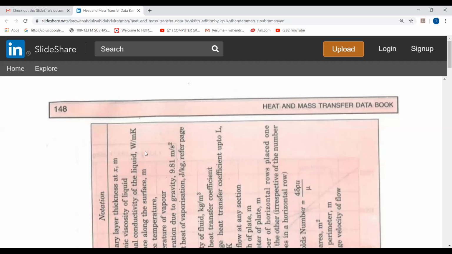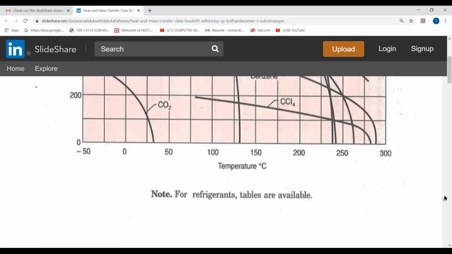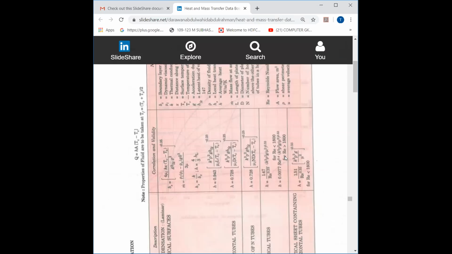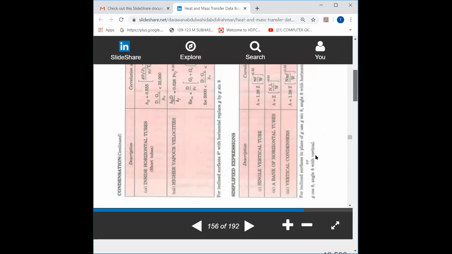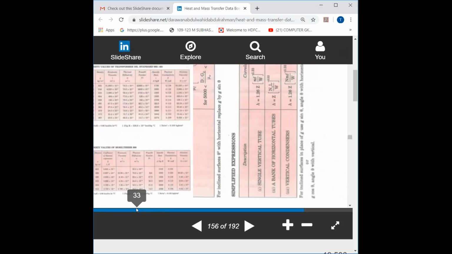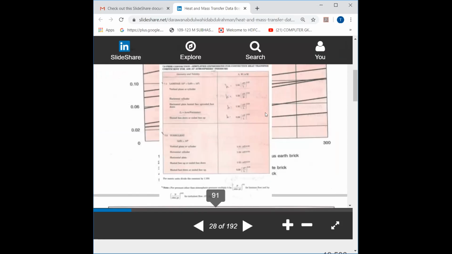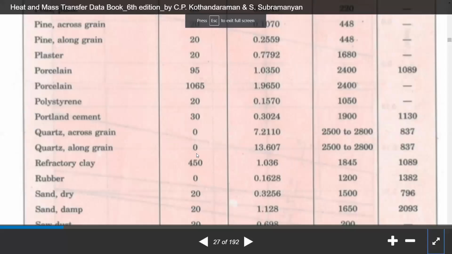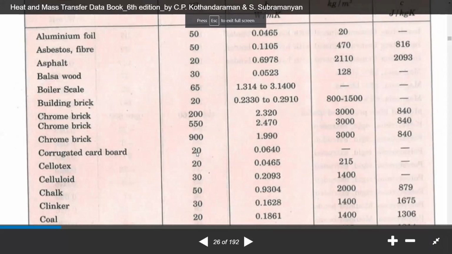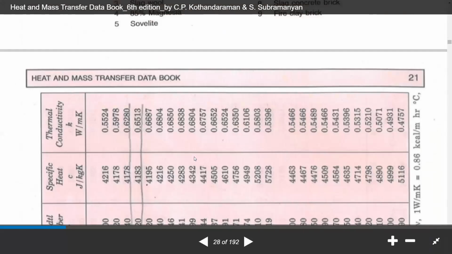Pages 18, 19, this is 20, and this is 21.